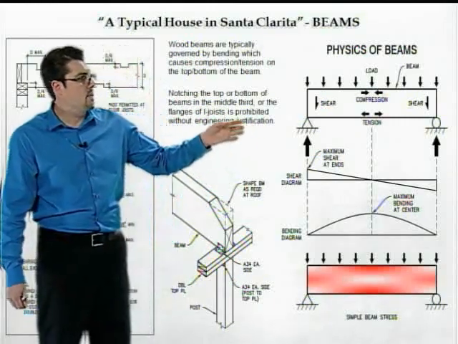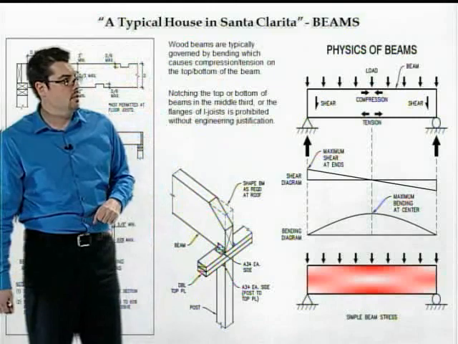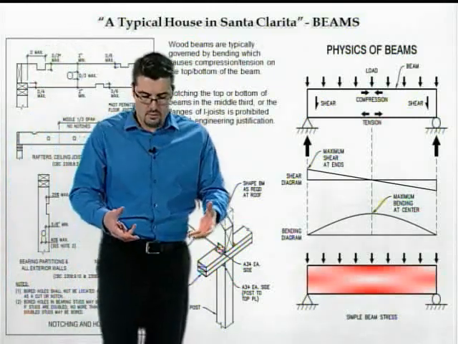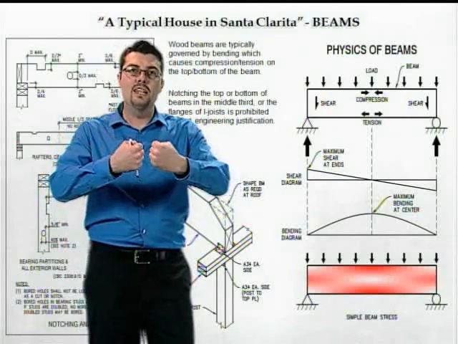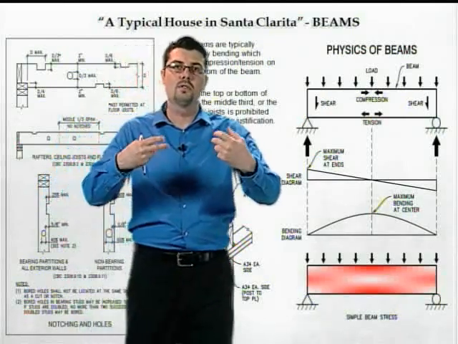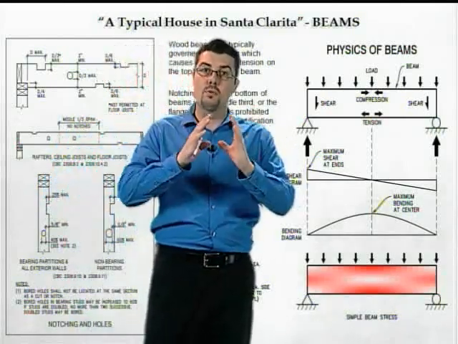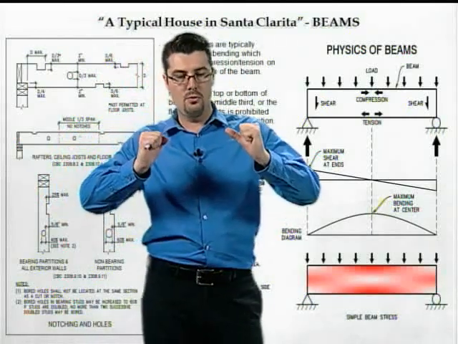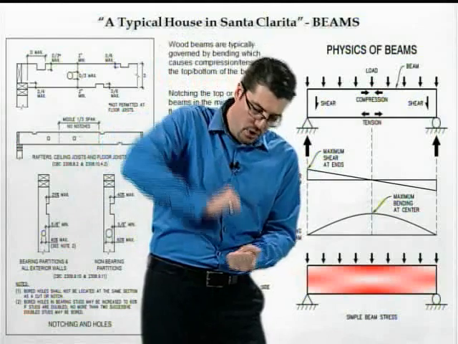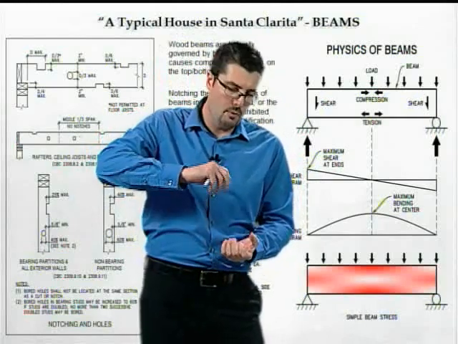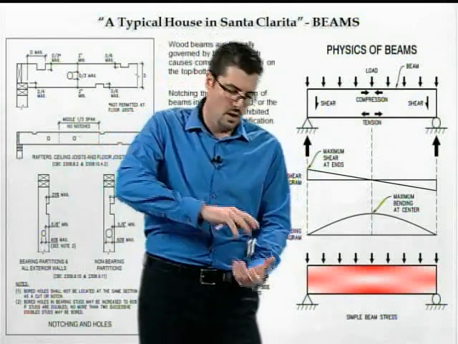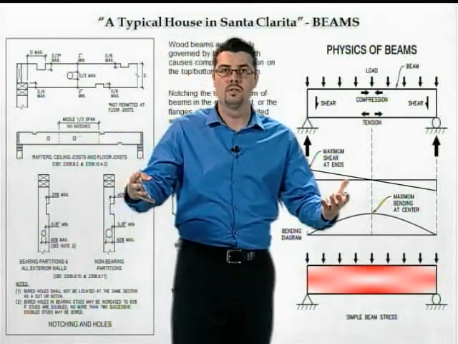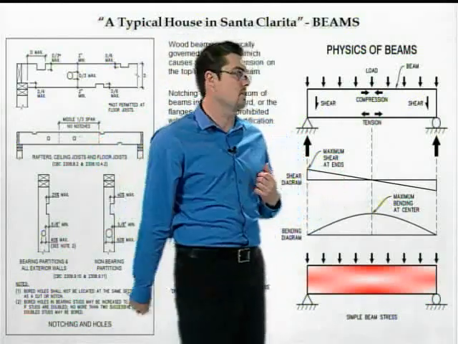As I mentioned here, wood beams are typically governed by bending, and in any wood member, the tension capacity of the wood member is usually less than the compression capacity, and intuitively that makes sense. If I was to push on a beam, it would fail at a certain load. If I was to pull on a beam, it will fail at a lesser load, meaning that the tension is what controls the design.